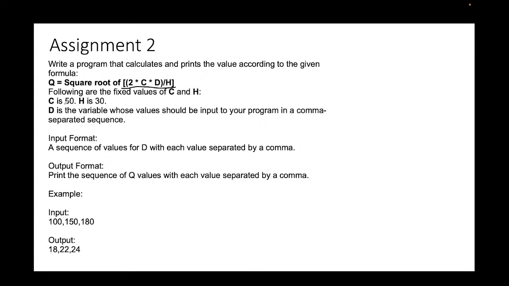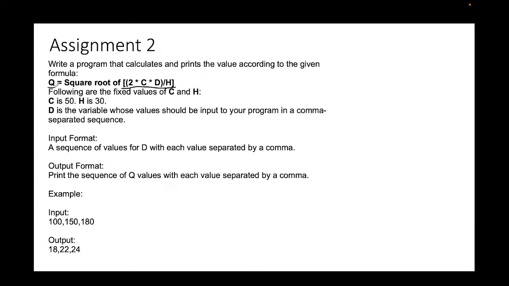C and H are given fixed values: C is 50, H is 30. D is the variable whose value should be input to your program in a comma separated sequence. The input is a sequence of values for D, with each value separated by a comma. Output should be the sequence of Q values.